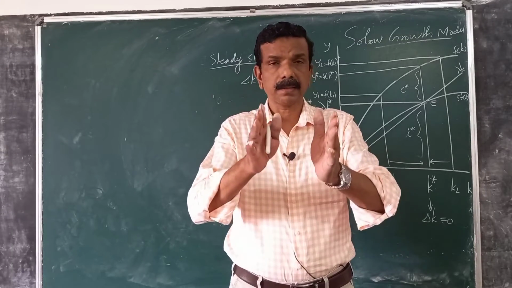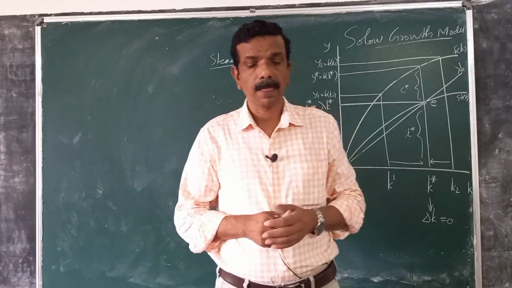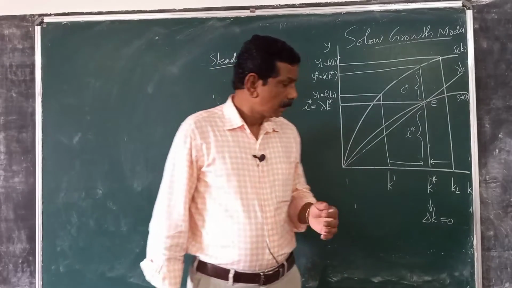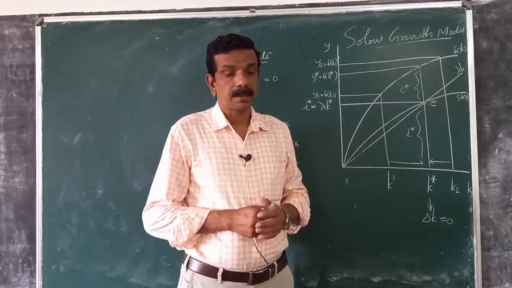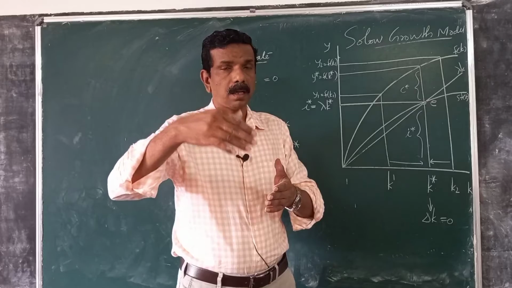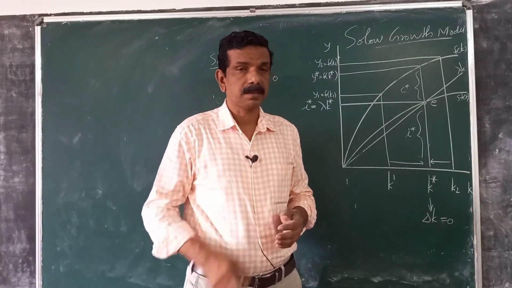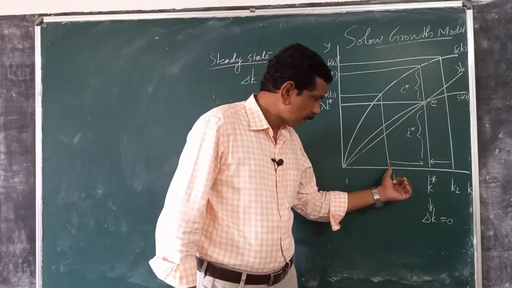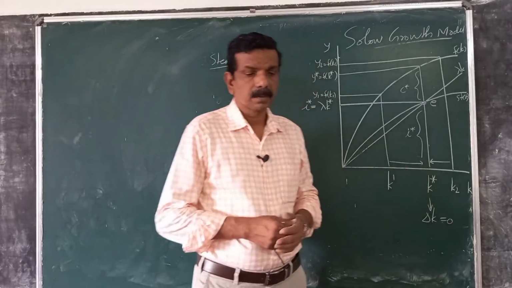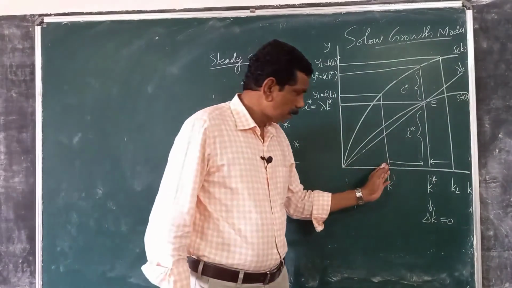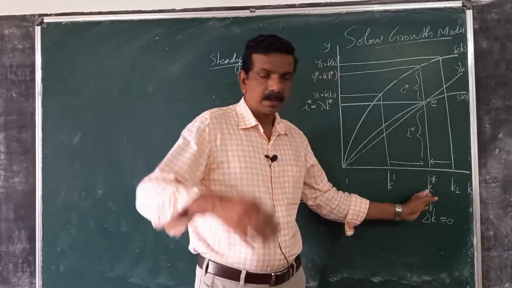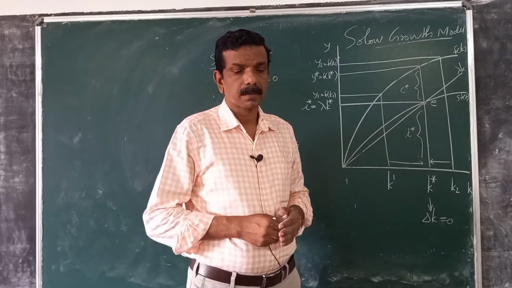We take the analysis a step further by asking how output per head changes as capital per head moves towards steady state. Now, if K is less than K star, K rises to K star, the steady state, over time.